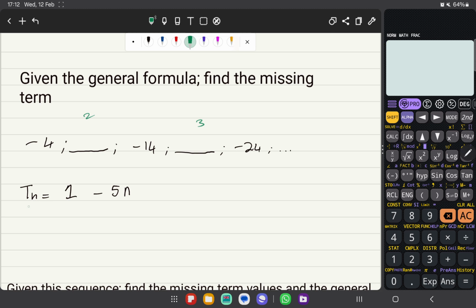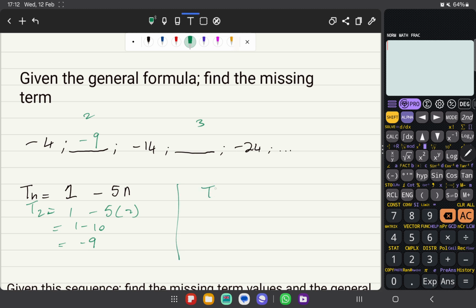So you go here, let's start with T2. T2 equals 1 minus 5 into 2. So you already know that's going to be 1 minus 10, which is minus 9. You go here, you have minus 9, right? You go again.